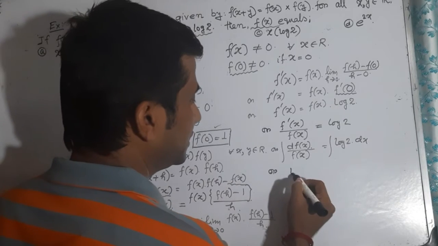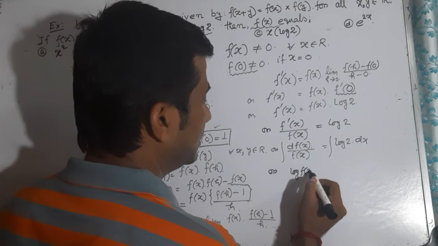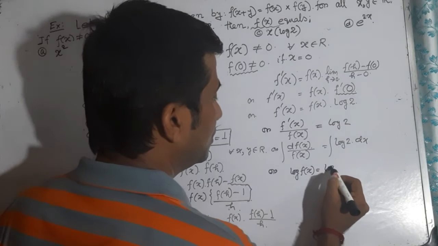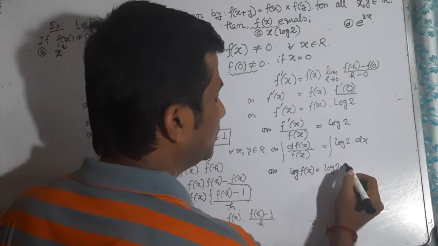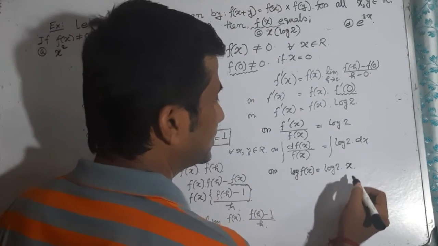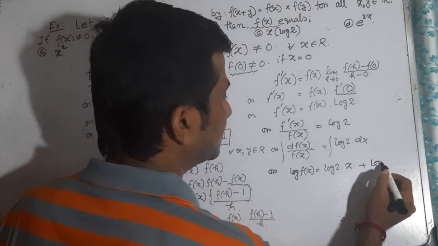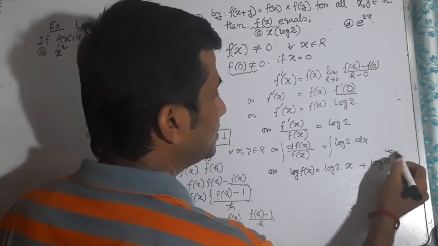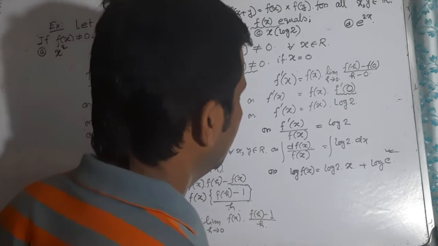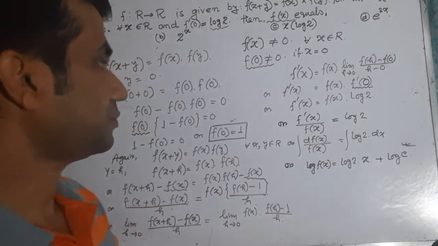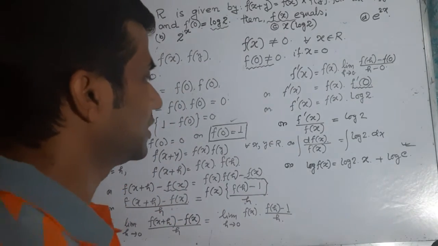Or integrating, we get log f(x) is equal to log 2 into the integration of dx, that means x plus an integration constant c. C is the integration constant.